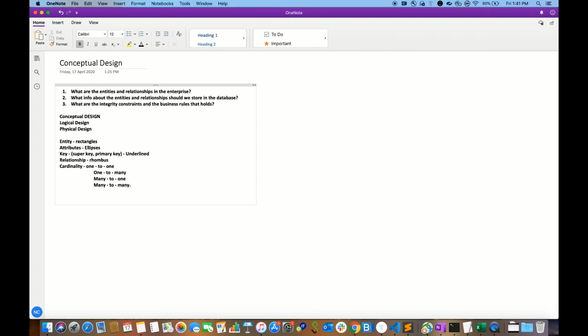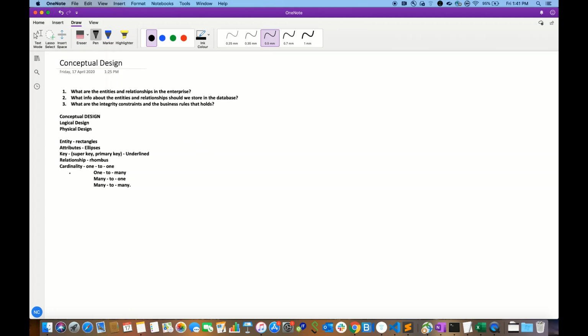Now let me diagrammatically explain to you what are binary, ternary and unary relationships. Let me just draw something. Suppose we have an entity, and it is related to itself. In this situation it is a unary relation.